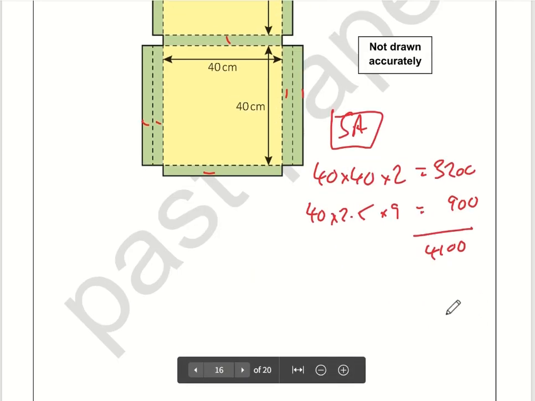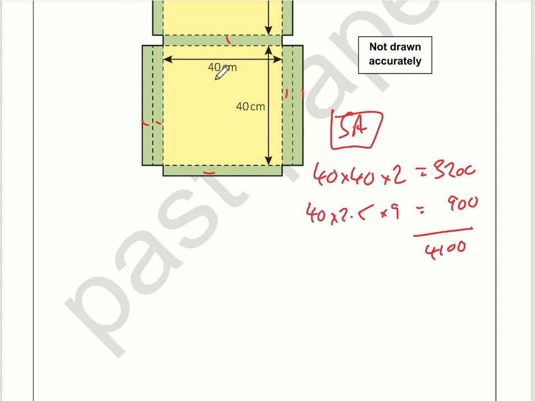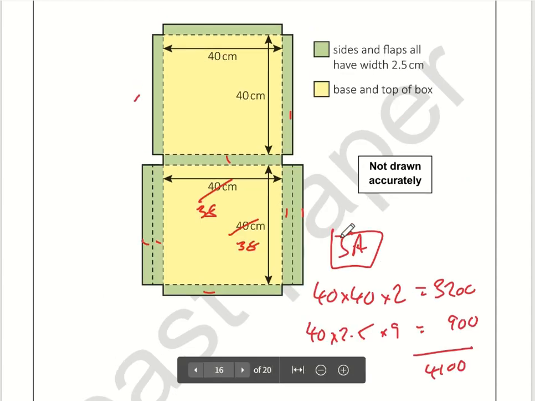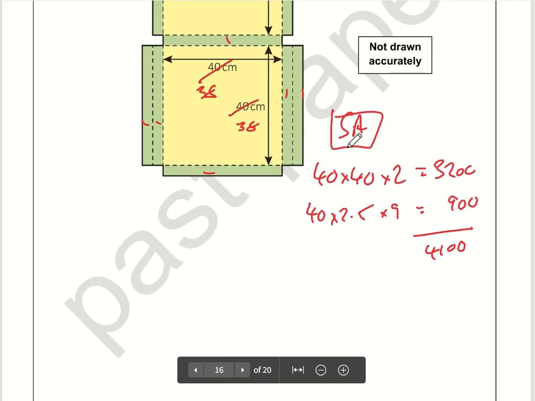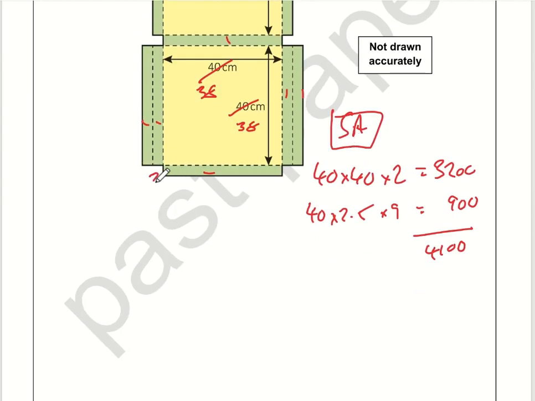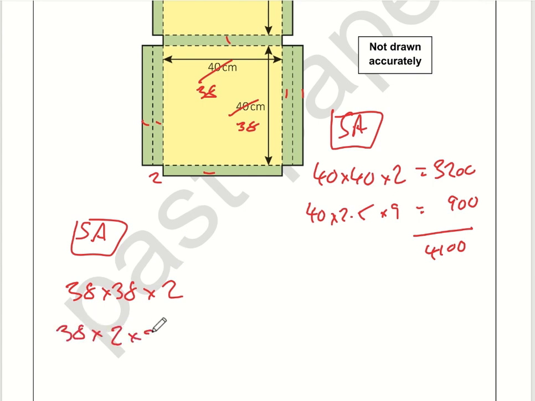Okay, so we're changing these to 38 and 38, and the flaps are reduced to 2. So the new surface area is going to be 38 times 38 times 2, and 38 times 2 times 9.